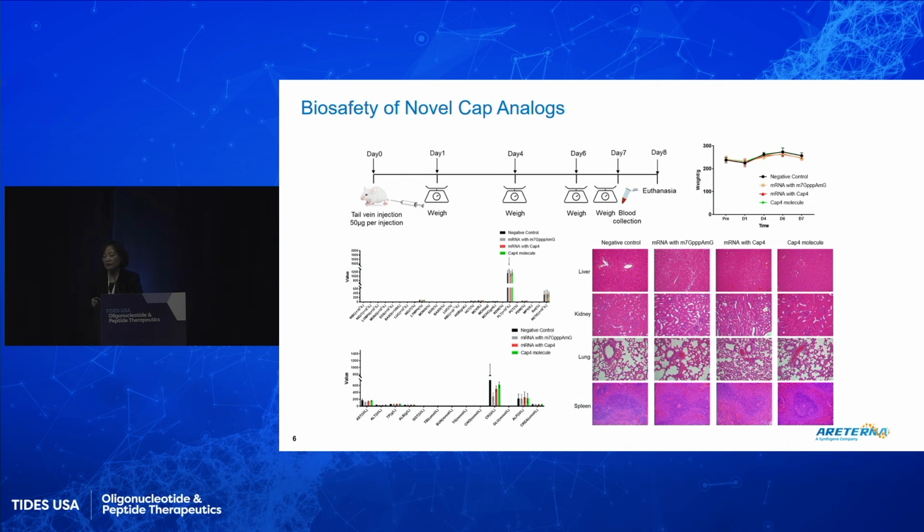We also inject the mice with just the cap analog by itself. The negative control is saline solution, and then we measure the weight of the mice. They all track very similarly to the negative control. And then we look at the blood chemistry and tissue biopsy. We don't see any toxicity.